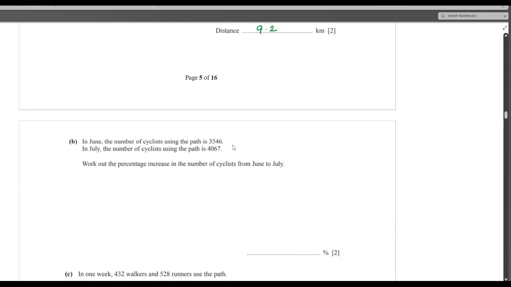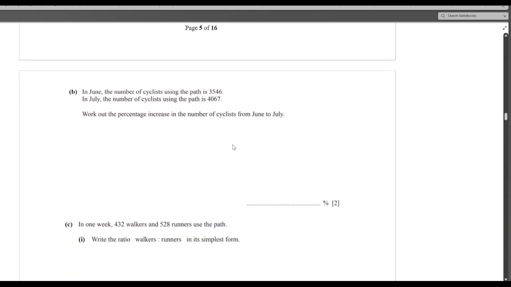In June, the number of cyclists using the path is 3546. In July, the number of cyclists using the path is 4067. Work out the percentage increase in the number of cyclists from June to July. So for percentage increase, we will first find out what the increase is.